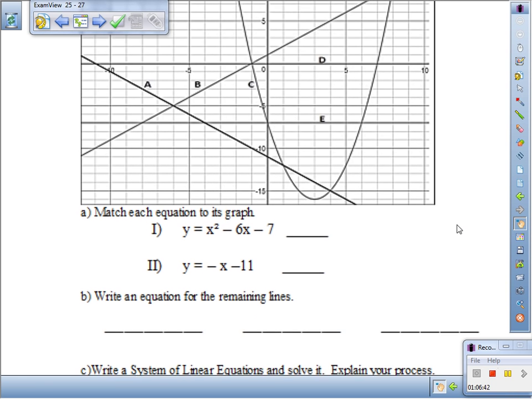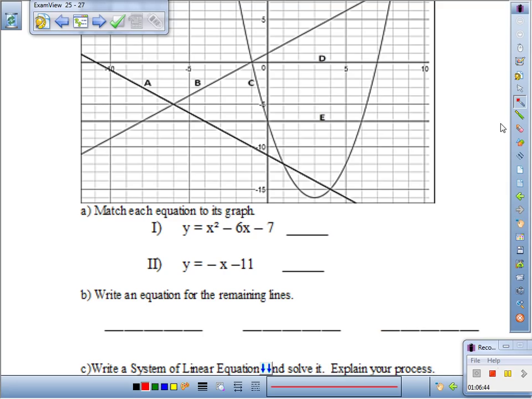Okay, here we go. It says, this should be easy. Look up. Match each equation to its graph. Look at this one, the quadratic equation. Which of those is the quadratic equation?